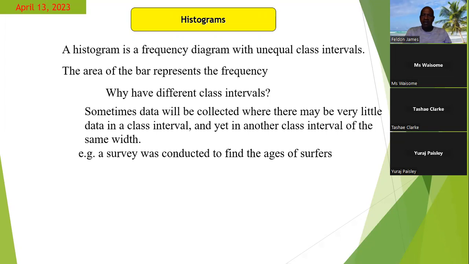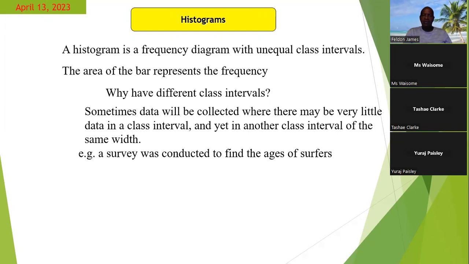Why have a different class interval? Sometimes data will be collected where there may be very little data in one class, and yet in another class, the interval of the same width, you will find that it is better for some cases.